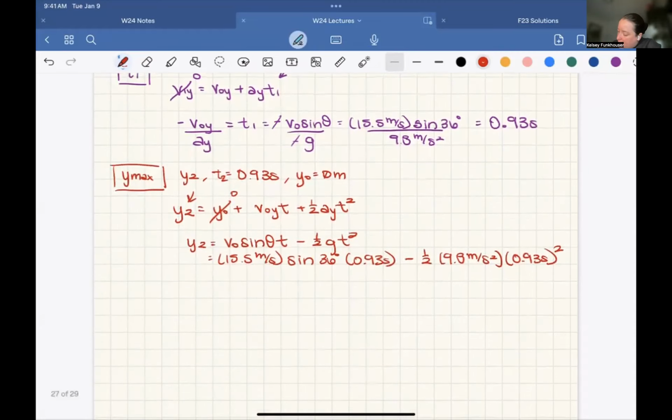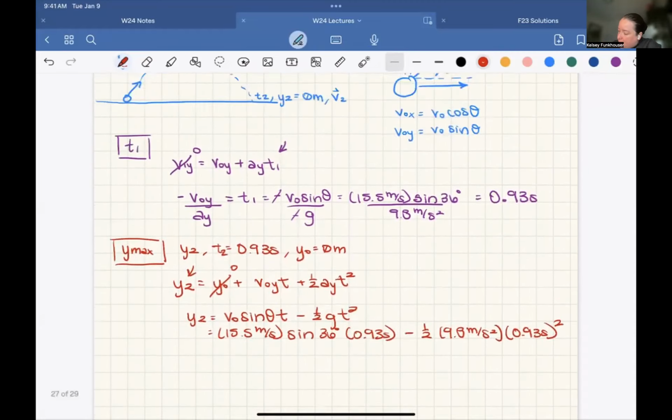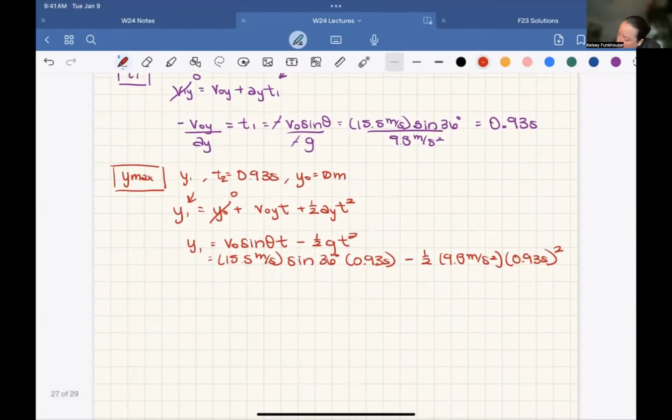And this gives us, I'm sorry, I just realized I've been calling this y2 for this part of the solution, but it's actually y1. y2 was 0 at the very end. So let me correct that really fast. There we go. Okay, so that gives us y1 equals 4.2 meters. So that's the maximum height.